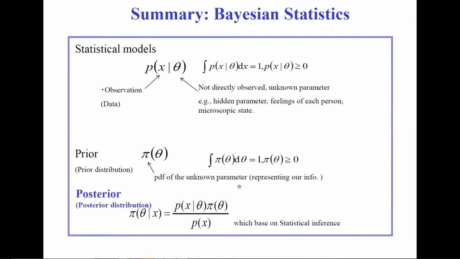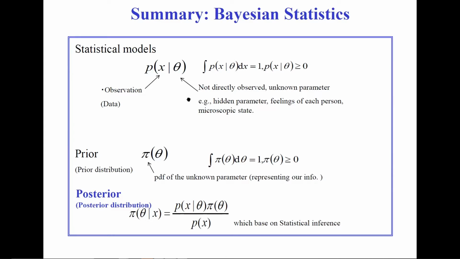Now let's summarize this section. We briefly reviewed elementary Bayesian statistics. First, we assume a data distribution, which is called a statistical model. Here, we assume data X, or observation X, comes from a certain probability distribution, which is specified by a certain unknown parameter, theta.